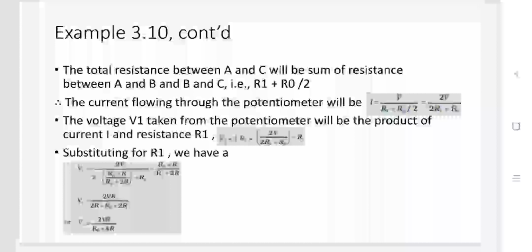Now in this V1 equation, replace the value of R1 and solve. So we have the final equation of V1 as 2VR divided by (R0 plus 4R).